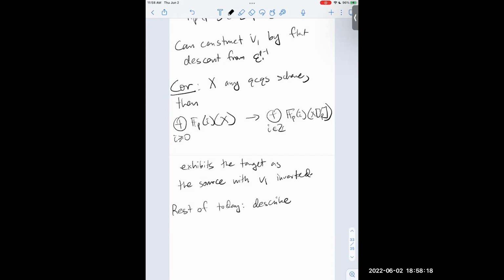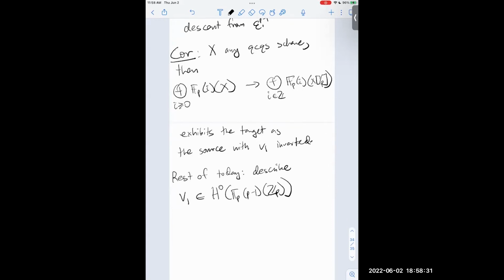So the rest of today I will describe V1, well, really the image of V1 in H^0 of FP with weight p-1, not of Z, but of Z_p. And this is some sort of filtered Frobenius fixed points of the absolute prismatic homology of Z_p.